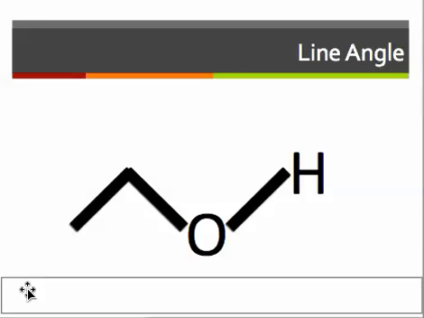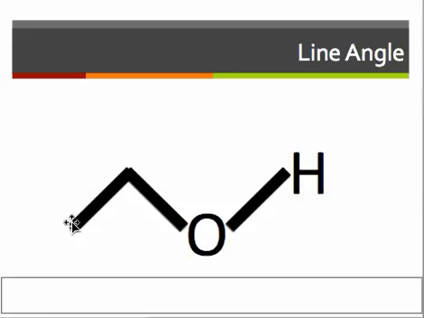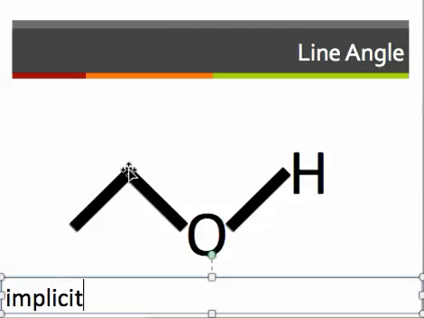So first, you notice that there were carbon and hydrogens drawn in the previous drawing, but they're missing now. What we say is that these carbon and hydrogens are implicit in the drawing. They are implied. At every end of a line and at every angle, we have a carbon atom and the appropriate number of hydrogen atoms.